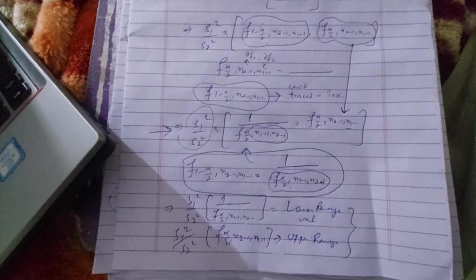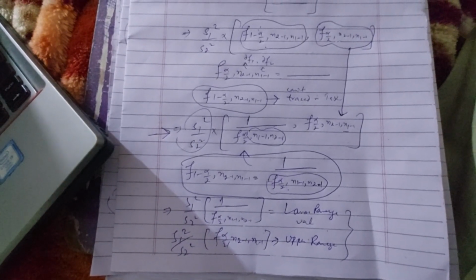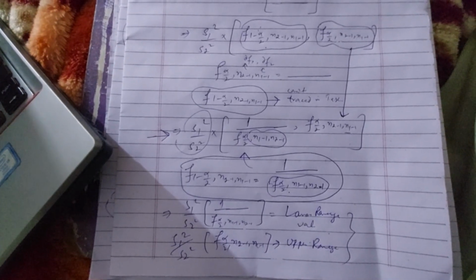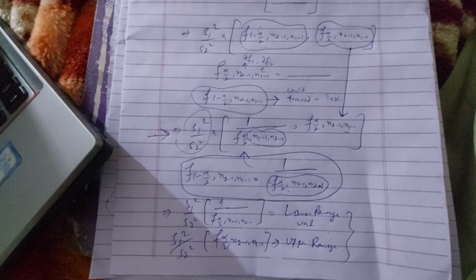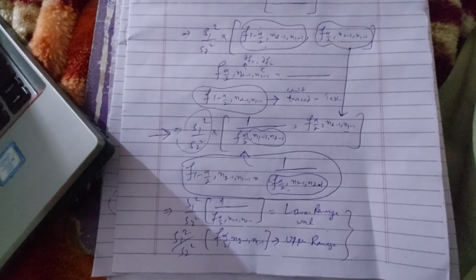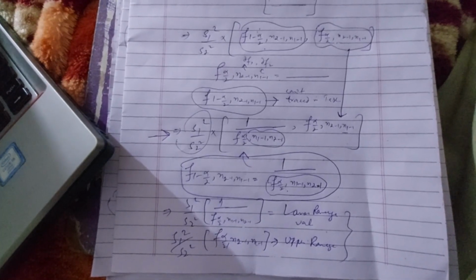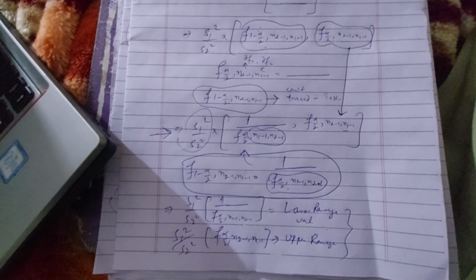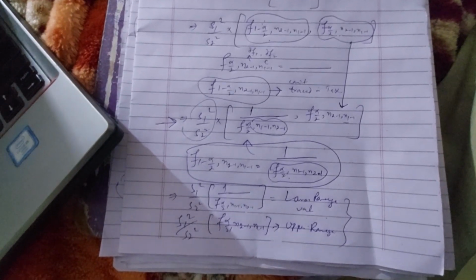So if the number of samples taken from population 1 and population 2 are the same, then you will get the same values. But if it is different, you will get a different value. I will make an example of it and do it here.